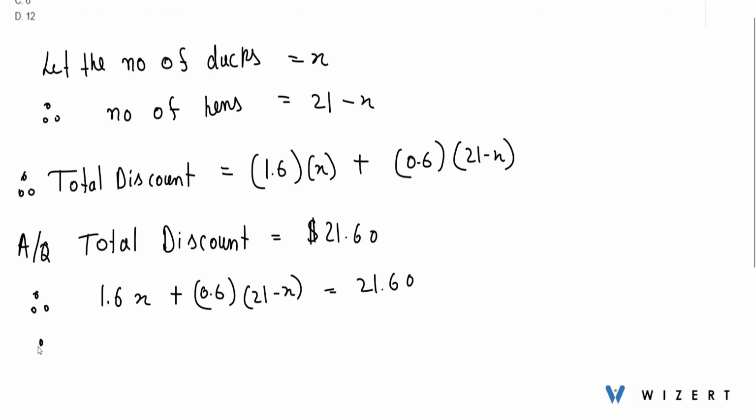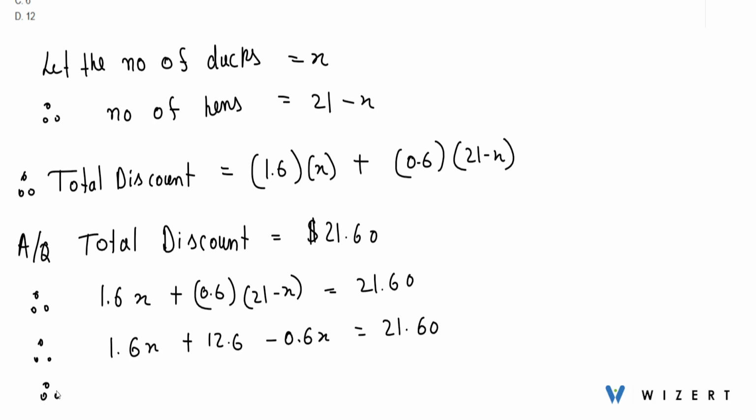So 1.6x plus 21 multiplied by 0.6, which equals 12.6, minus 0.6x equals 21.60.